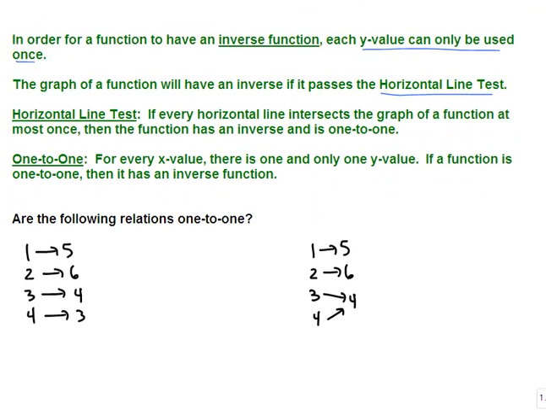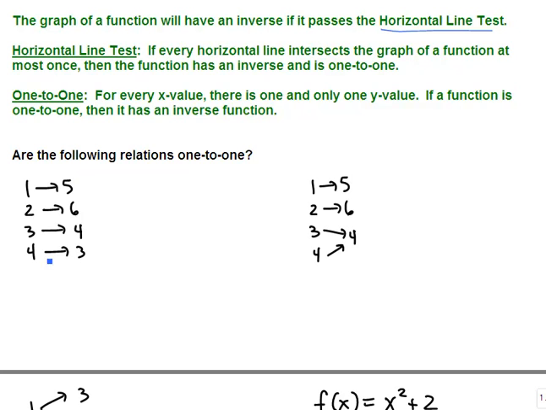So let's test this out. Here is a relation, and I want to know whether or not it is 1-to-1. If you look here, all these x's only got used once, and all these y's only got used once, and they're all unique. So yes, this is considered 1-to-1. In the next example, all the x's only got used once, but the y value 4 got used twice.